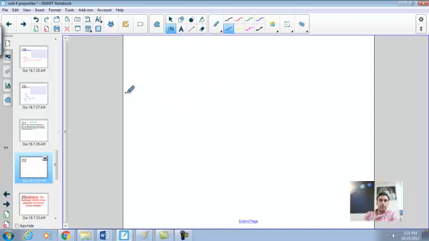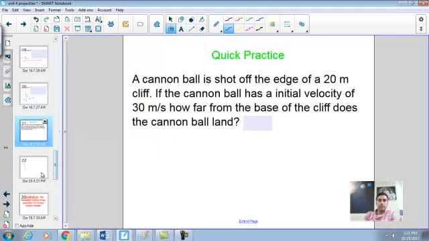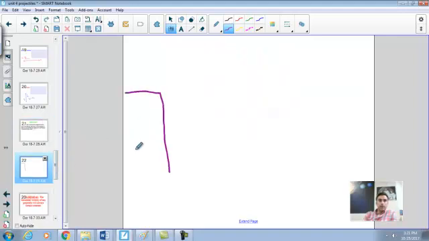First, I'm going to go ahead and draw our picture. So there's our cliff. The cliff is 20 meters tall, so delta y equals negative 20 meters, because remember, it's going to fall. Here is our cannonball. Here's my really bad cannon.